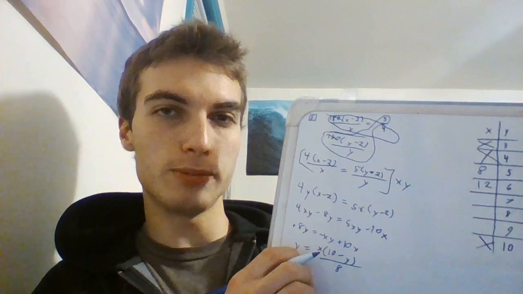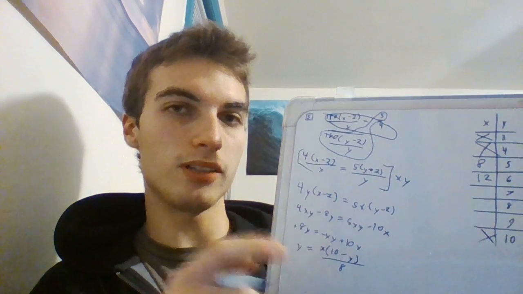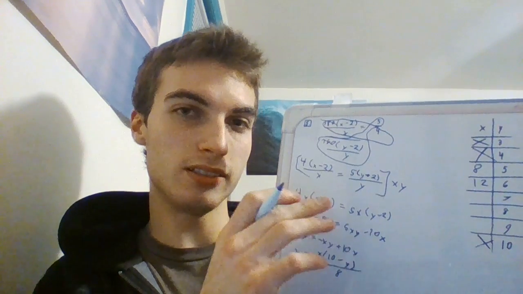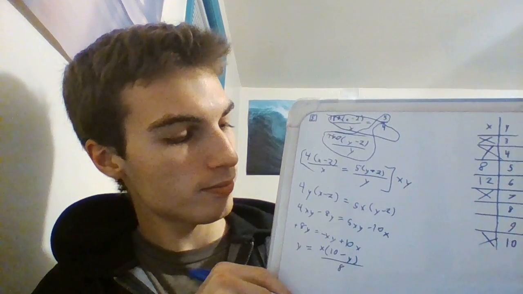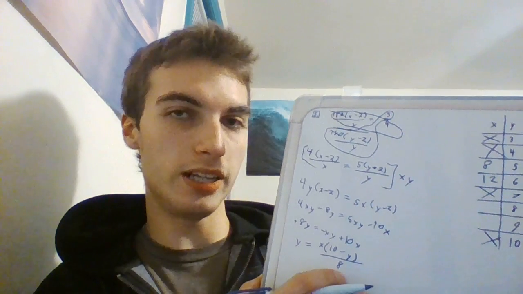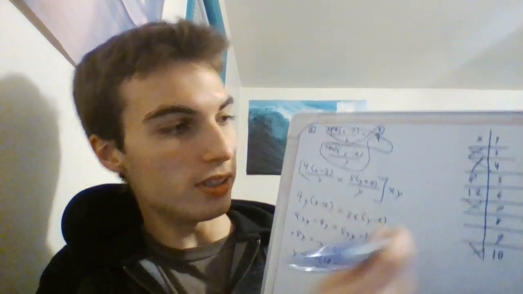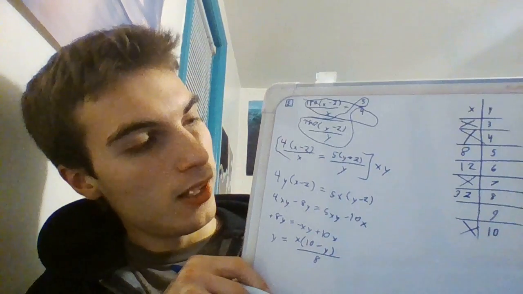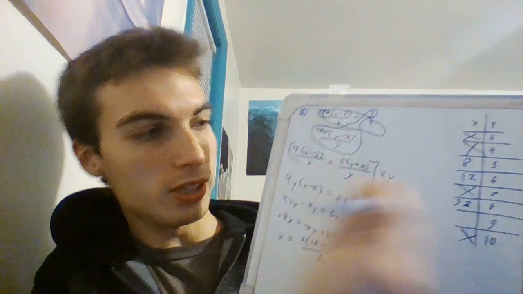And our divisibility rule for 3, adding up the digits of the number, has to be divisible by 3. 5 plus 6 is 11, so that's not divisible by 3, not going to work. 8 for y is 10 minus 8, which is 2 over 8, which is 1 over 4. So 8 times 4 is 32, and that would work for our x. And 9, 1 over 8, that's going to work. That's 8 times 9, which is 72.